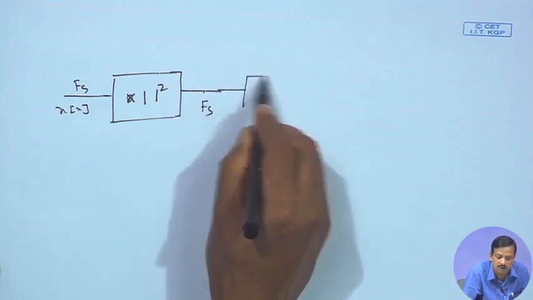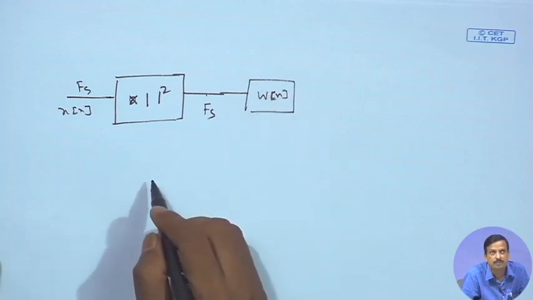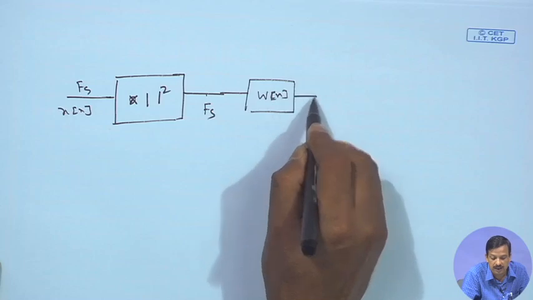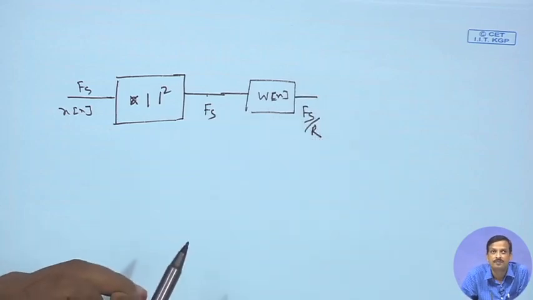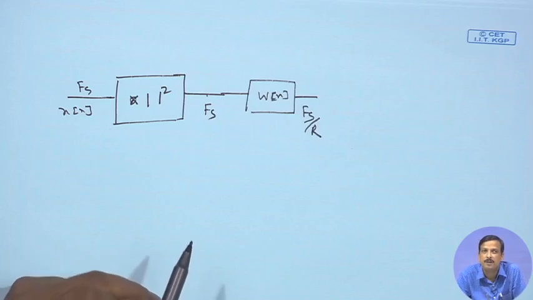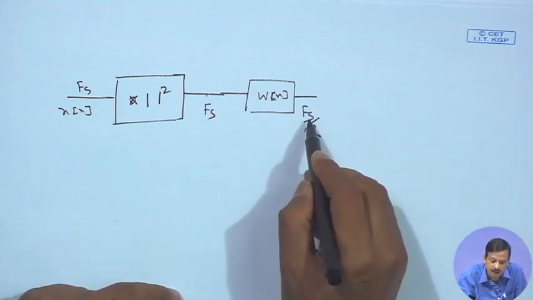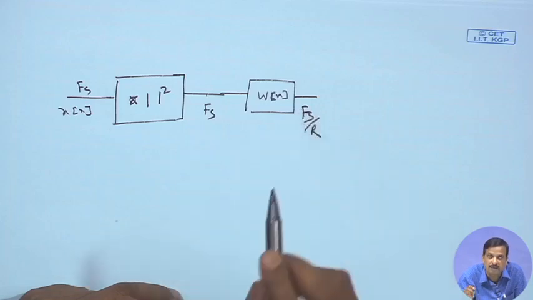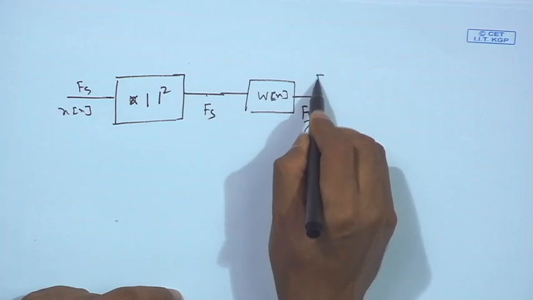Now, once I pass through the window W n, after the window my rate is f s by r. R is the shifting, 10 if it is 10 millisecond. For every 10 millisecond I get one sample, one data. So, I get E n.